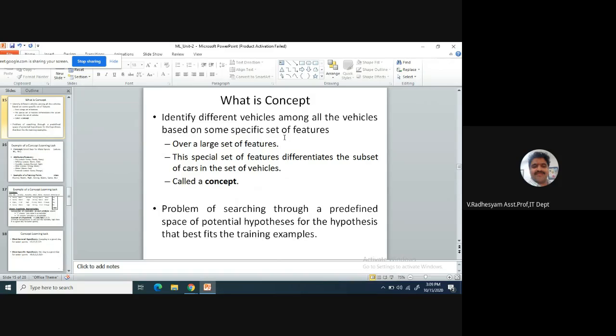If you consider some specific set of features, those features can differentiate the remaining cars. That specific set of features is called a concept. So concept learning belongs to a problem of searching by using a predefined space of hypotheses that best fits the training examples.